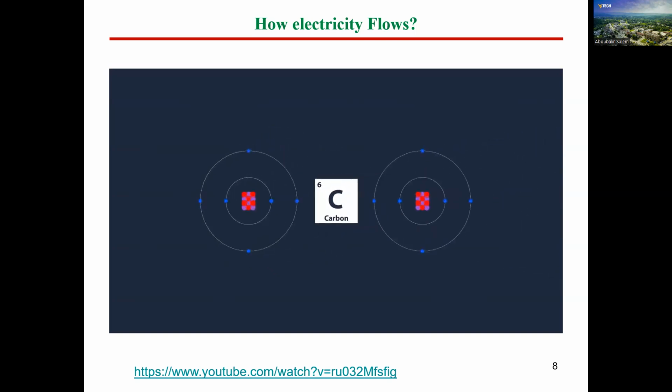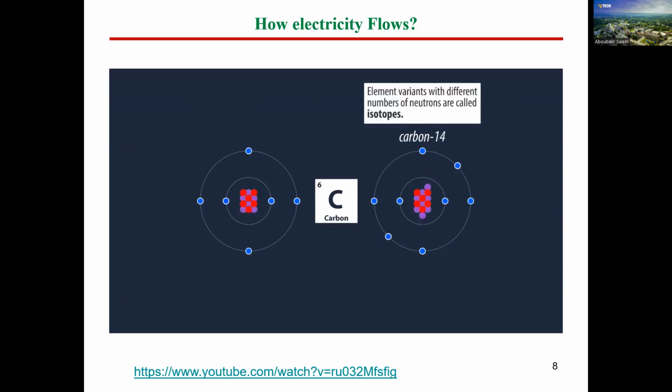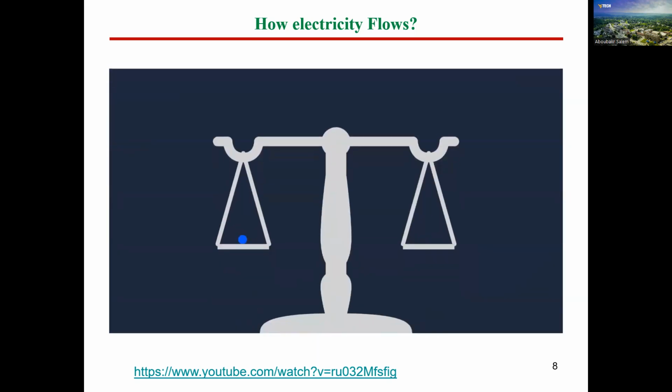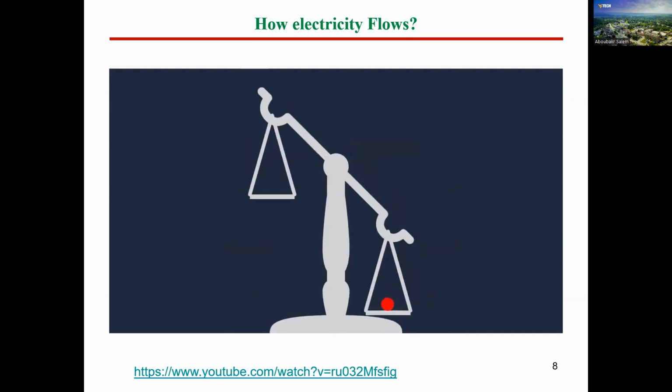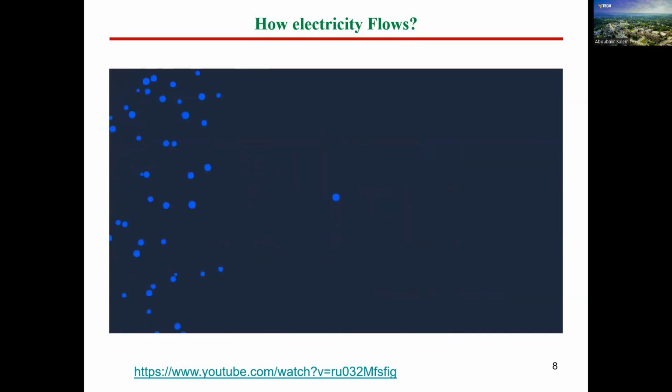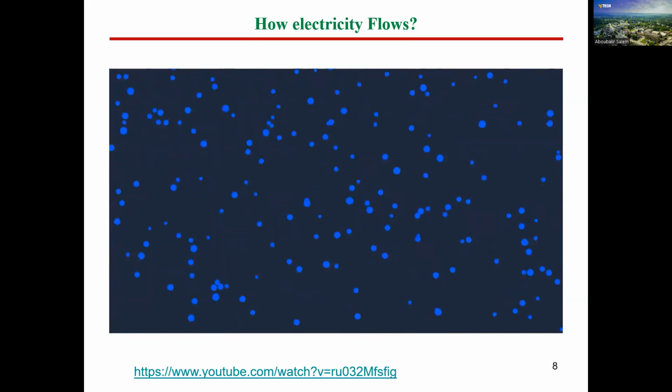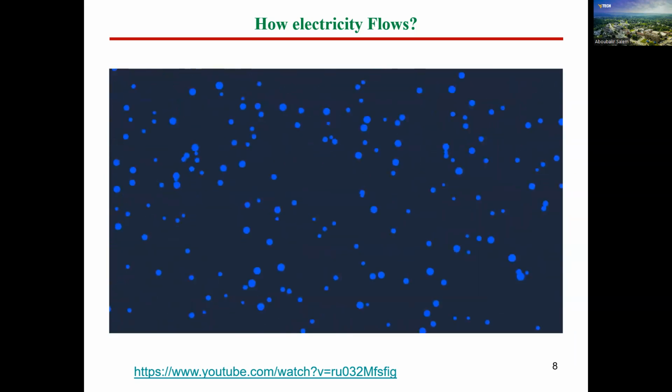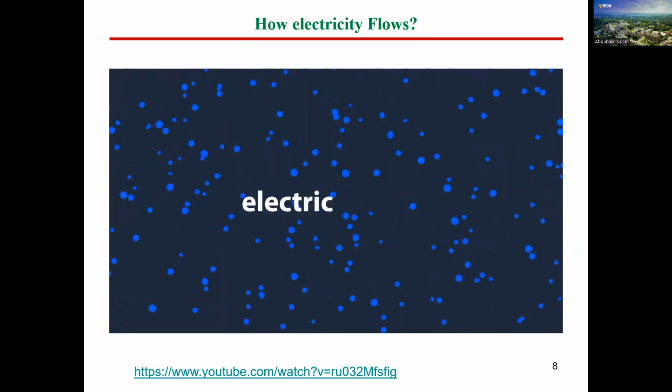Atoms of one element all have the same number of protons, but can have different numbers of neutrons and electrons. It's this variable number of electrons that is important to our understanding. Electrons, which are far lighter than the protons in the nucleus, can relatively easily move. And this is important because the movement of electrons is what forms an electric current.